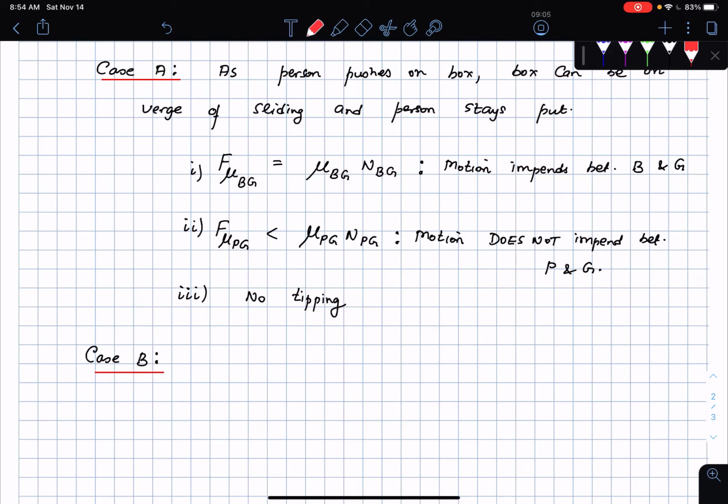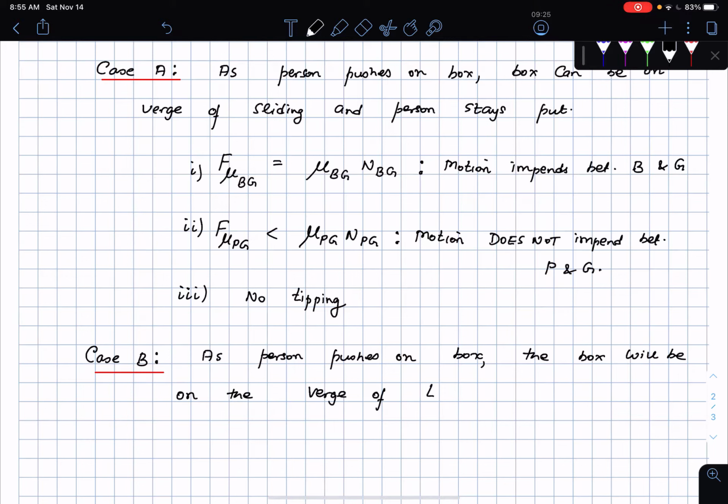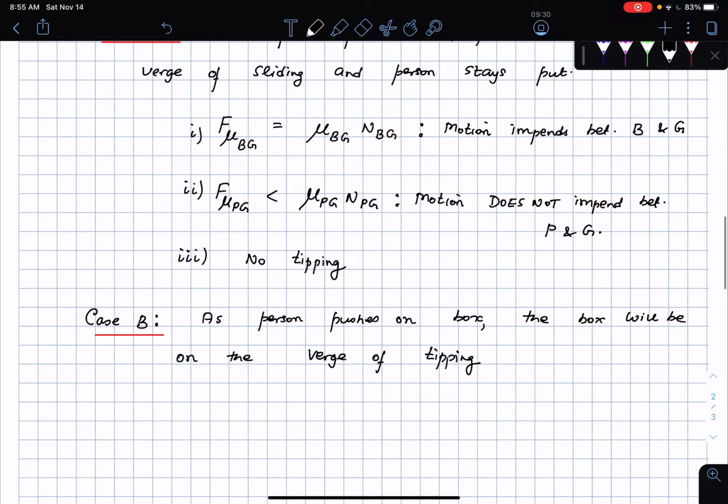Okay, so as the person pushes on the box, the box will be on the verge of tipping, using the contact point C as the fulcrum.